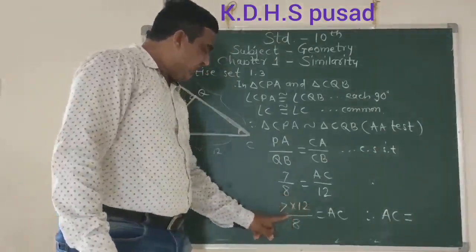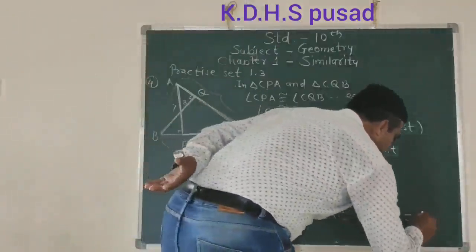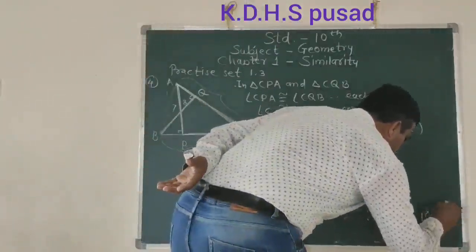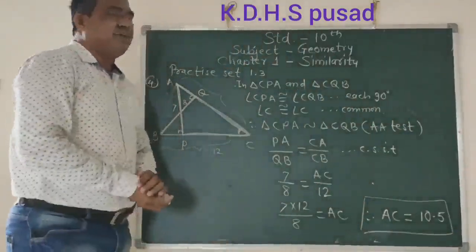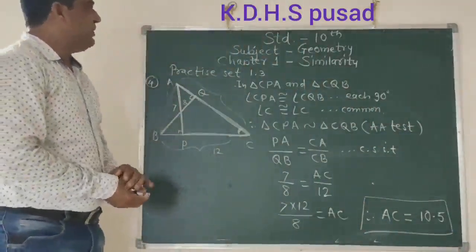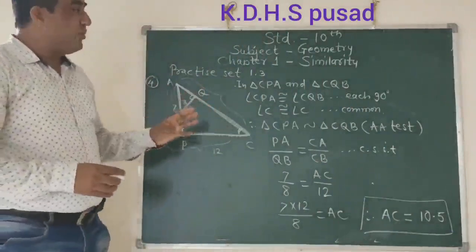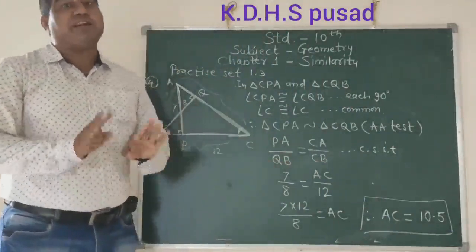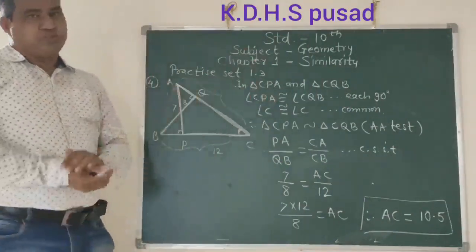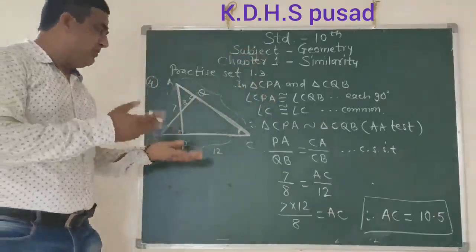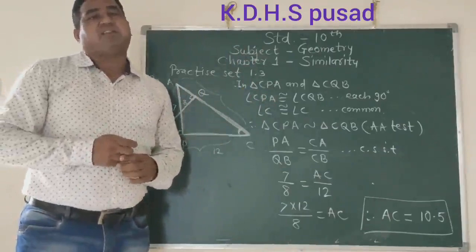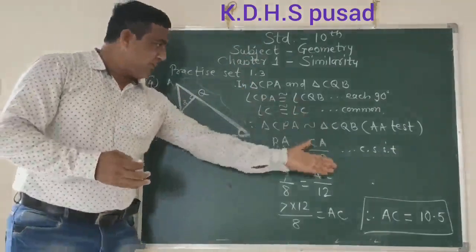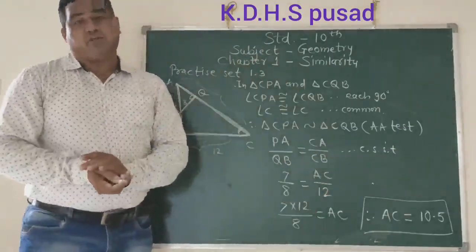So here 21 by 2, that is 10.5 by performing calculation. Okay. So in this way, by using similarity and their properties, whatever we have studied in standard 9, we can solve questions. First of all, we have to prove similar triangles, and then using the fact that if triangles are similar, their corresponding sides are in proportion, we can put down values and perform calculations.